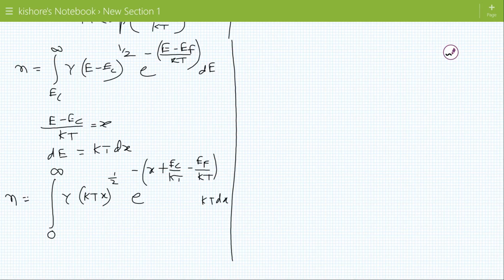Now we will integrate this. Here gamma is constant, and kT to the power 3 by 2 is also constant, and e to the power minus (EC minus EF) by kT is also independent of integration.